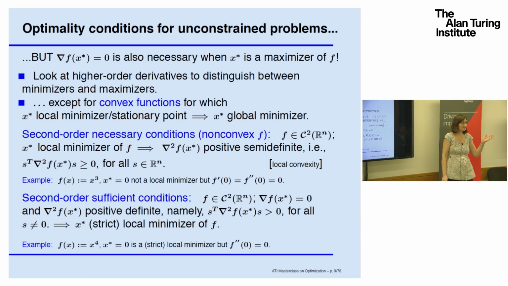And second derivatives tell us something about convexity. So the gradient is the vector of my first derivatives, and the second derivatives, also called the Hessian, is the matrix of second derivatives.